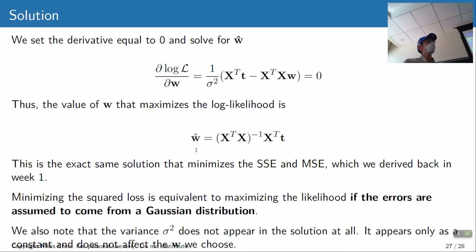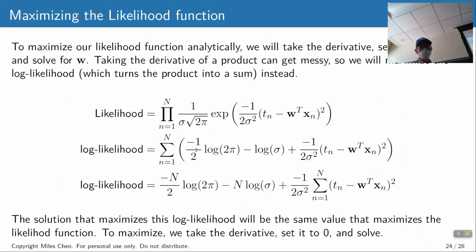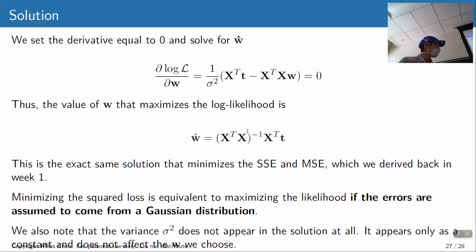If you didn't know that this minimized the sum of squared residuals, that might be kind of surprising, right? Because if I said, find the value of W that maximizes this likelihood, and you see sigma squared in there, you might expect sigma squared to show up in your solution, but it ends up getting eliminated when you try to maximize this thing.